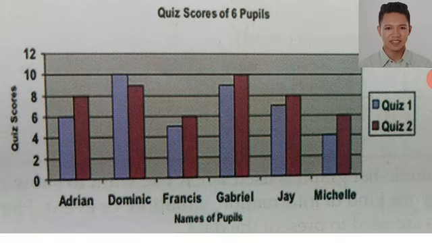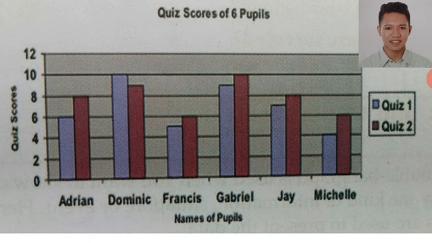Since this is a vertical double bar graph, with an interval of 2, always start with 0, then 2, 4, 6, 8, 10, 12. It should be equal to or above the highest score so that you can plot all the scores.